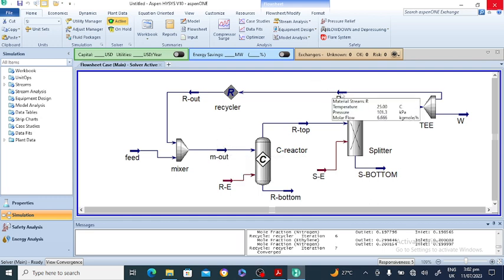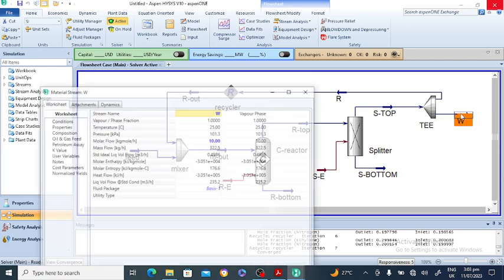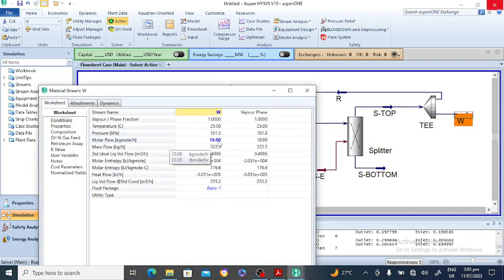We assumed 0 kilomole per hour, but when we connect these streams, it automatically becomes 6.66 kilomole per hour. Now I'm changing this one, for example, to 5 kilomole per hour.